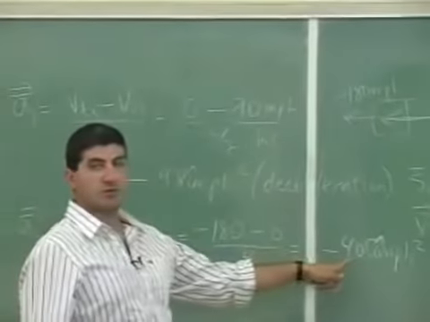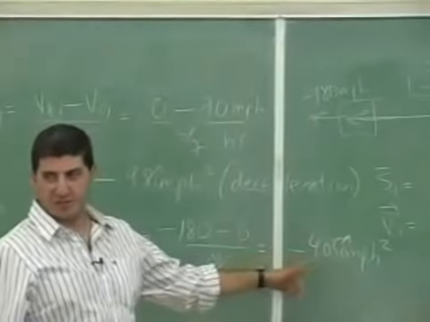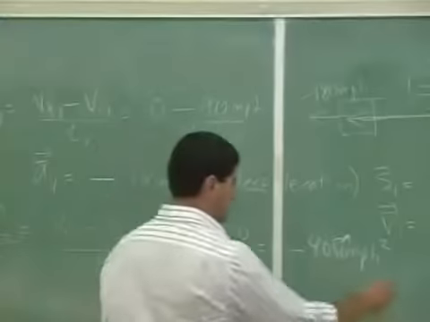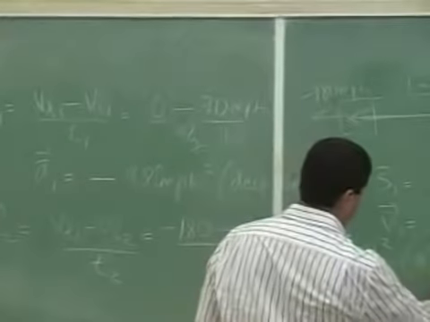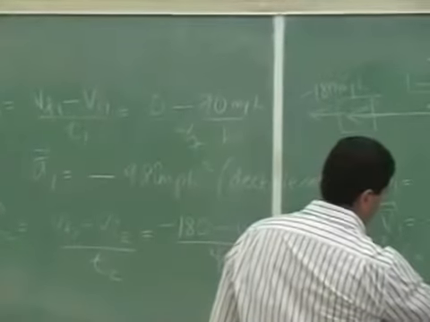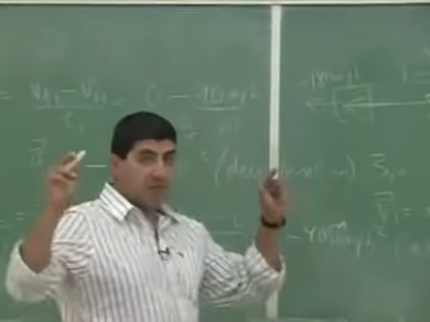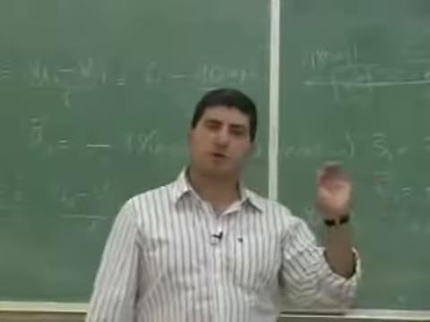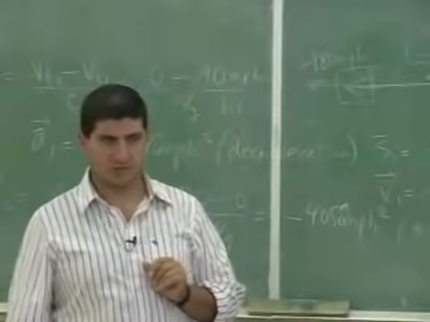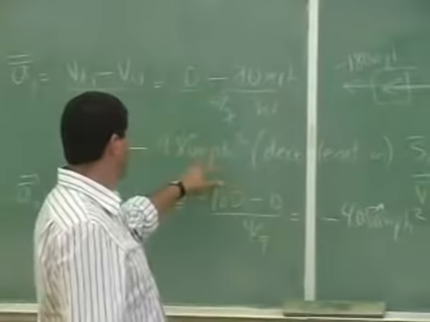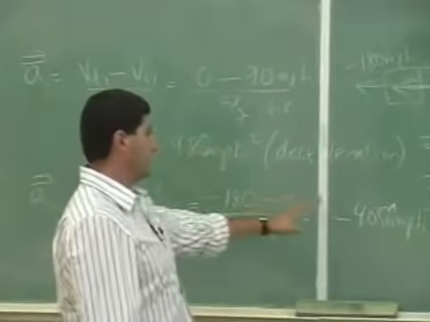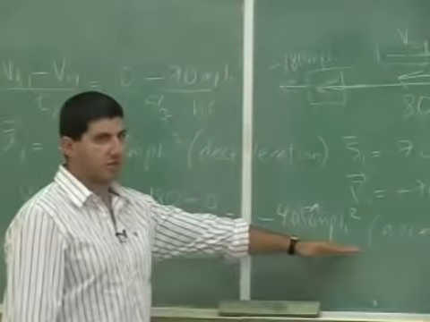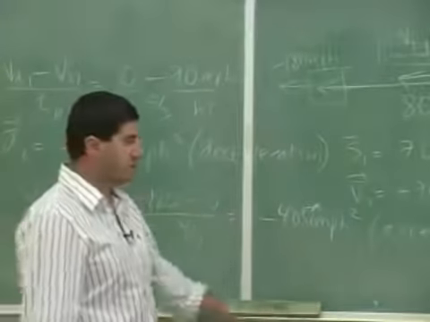And this one we would still call acceleration, even though it's negative. So when we say deceleration, what we mean is car slowing down. So it's slowing down in this case. In this case, it's actually speeding up. Acceleration means speeding up.